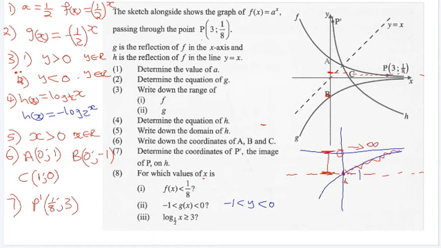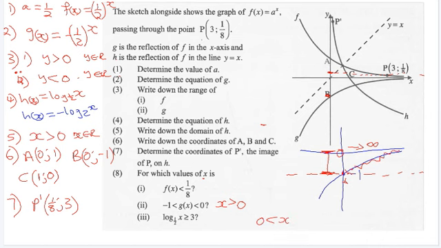So we are saying the corresponding values for this there is x is greater than 0. Or if you want to write it in that other notation, it's 0 less than x less than infinity, right?